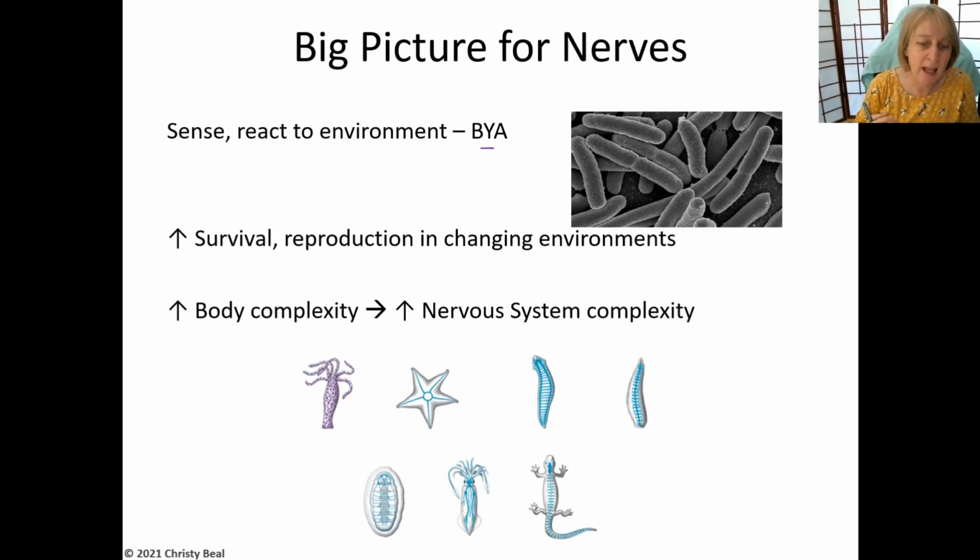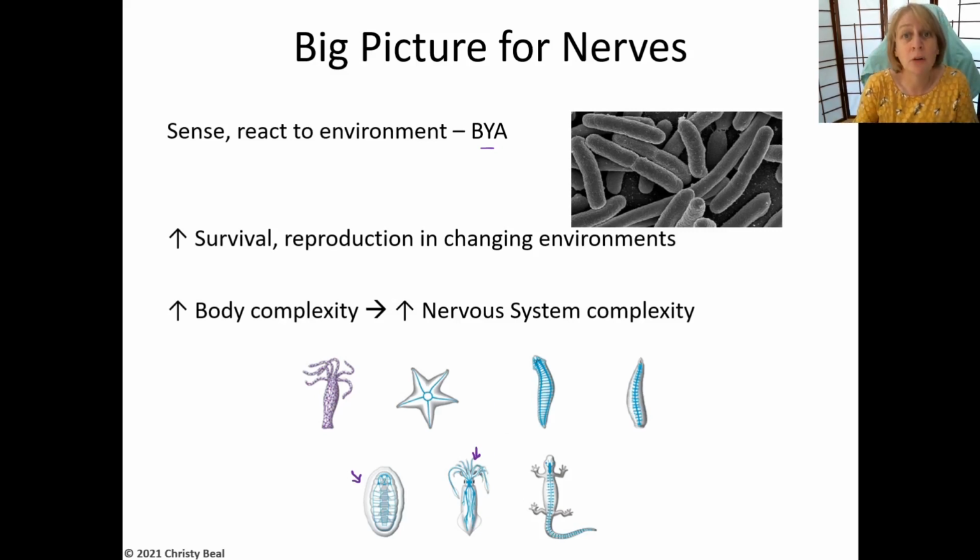Something like a chiton here, this is a type of mollusk, lives in a very simple, unchanging environment. Body plan is simple. Its nervous system is simple. Something like a different type of mollusk, a squid here, lives in a very dynamic, changing environment. It has to hunt, it has to hide, it has to move very rapidly. Its body plan is complicated, its nervous system is complicated.